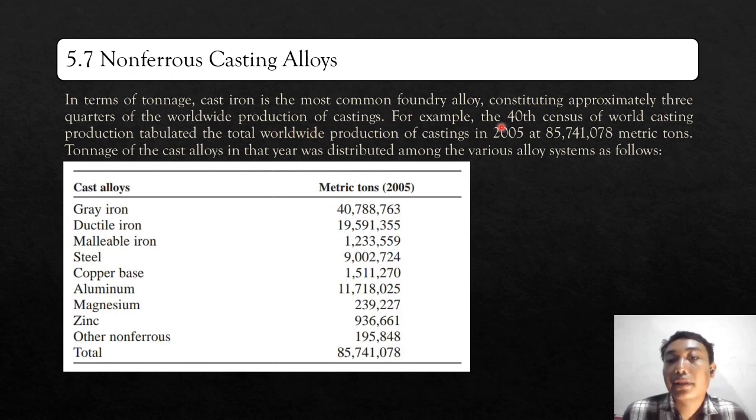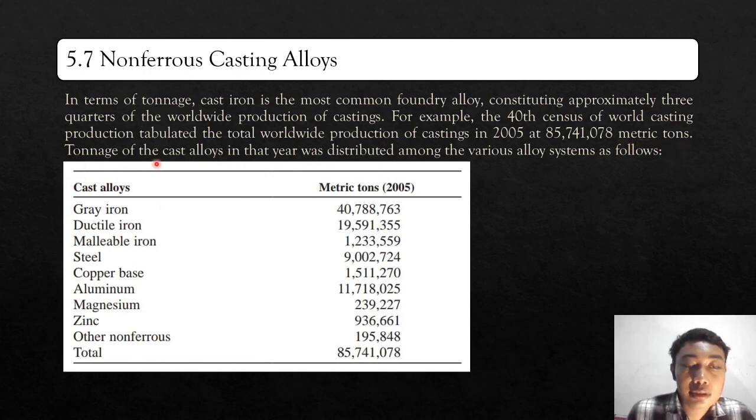For example, the total worldwide production of castings in 2005 was 85,741,068 metric tons.